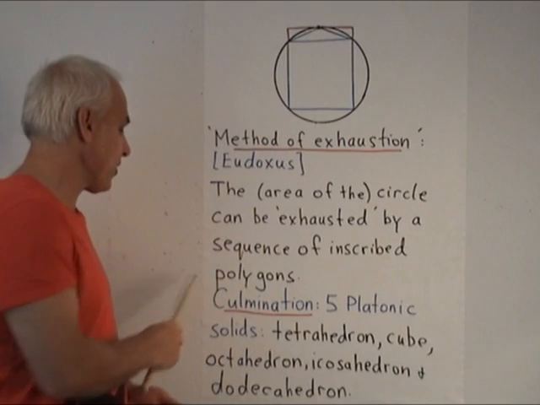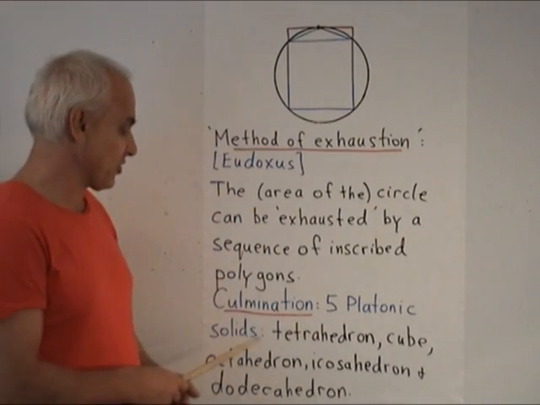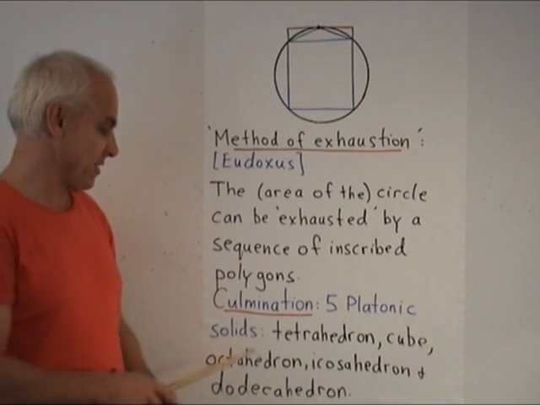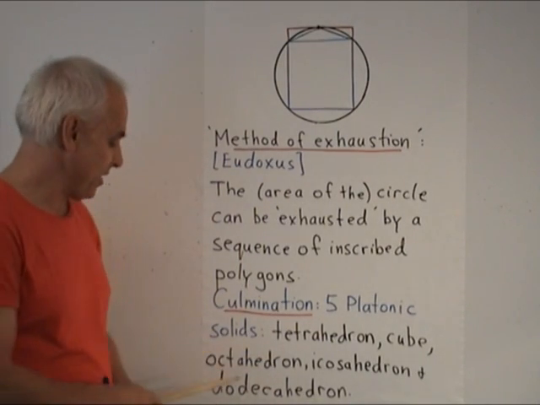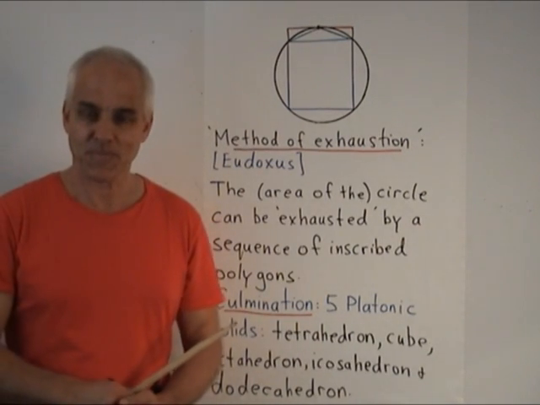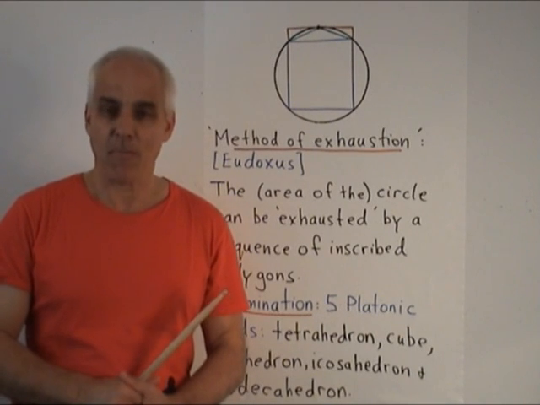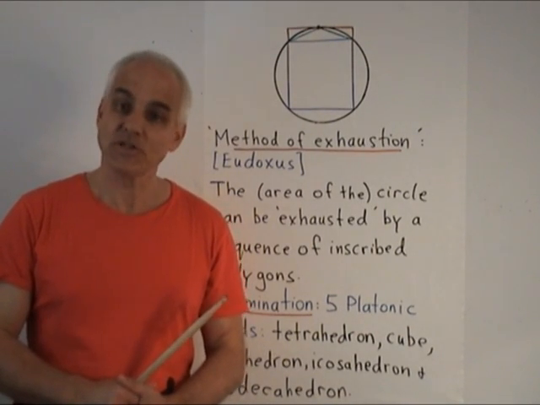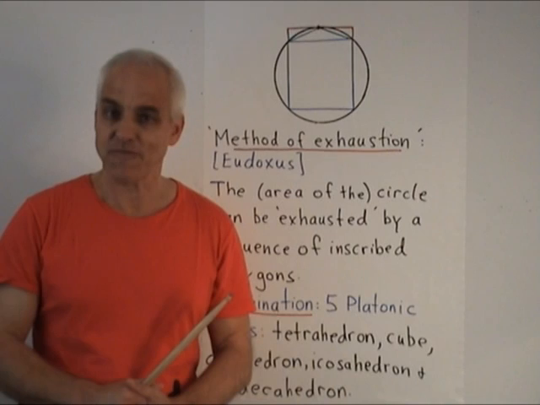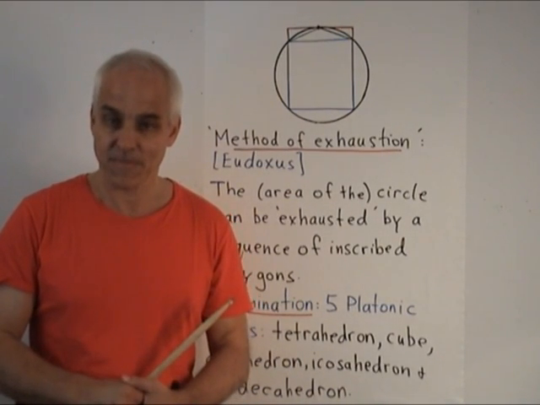So there are many other results in these books, but the final grand culmination is the construction of the 5 Platonic solids: the tetrahedron, the cube, the octahedron, the icosahedron, and the dodecahedron. Altogether, Euclid's achievement is a remarkable one, and it's no surprise that it established the foundations of mathematics for 2,000 years afterwards.